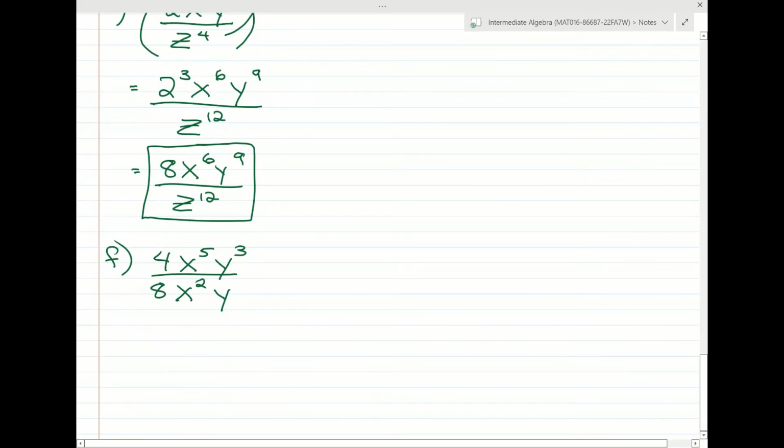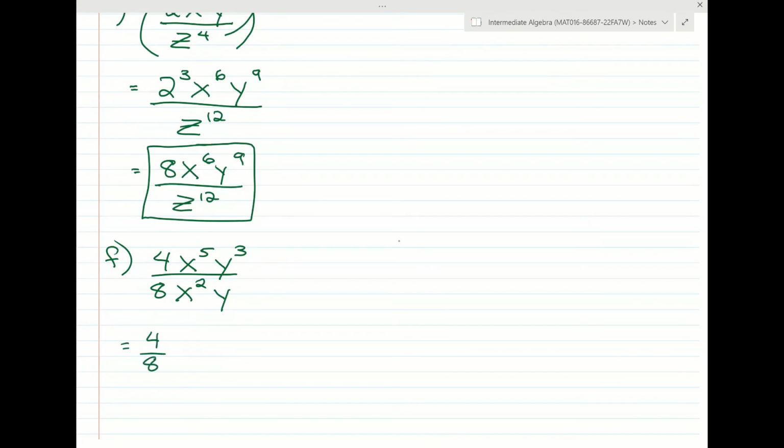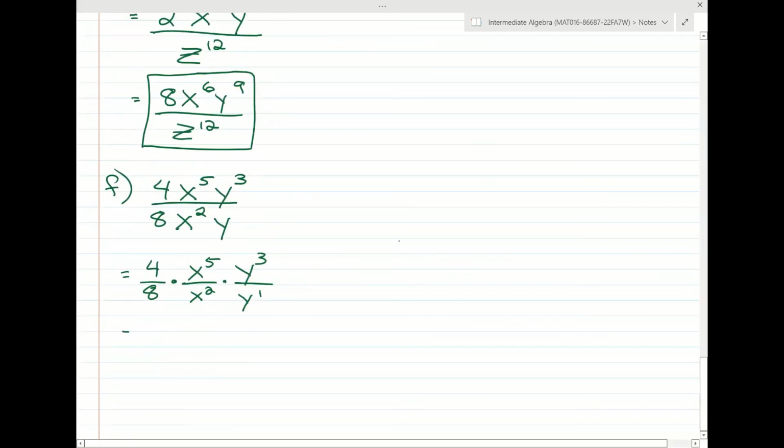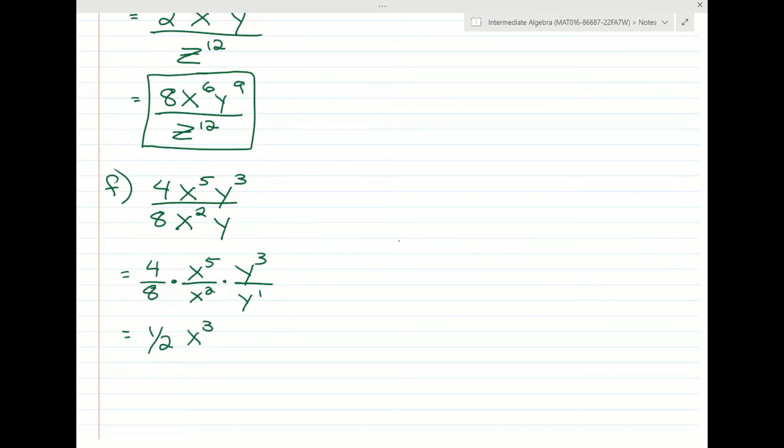The way the quotient property works, we could really think about this as three separate fractions, like 4/8 is one fraction times x to the fifth over x to the second times y to the third over y to the first. Well, they're really just three separate fractions. This is the same thing as 1/2. 5 minus 2 is 3. 3 minus 1 is 2.